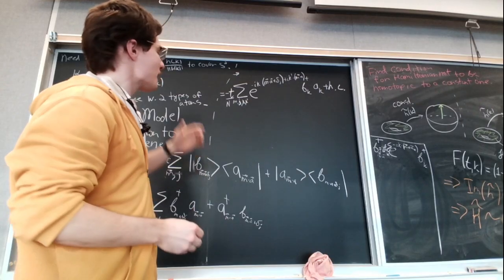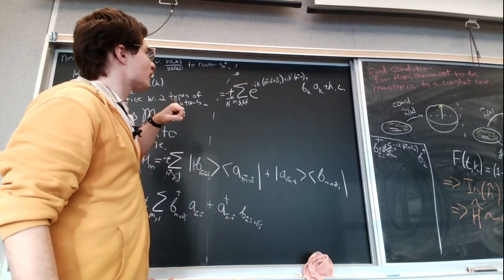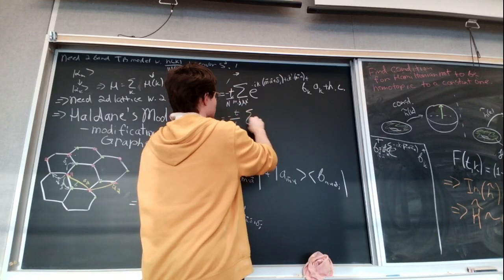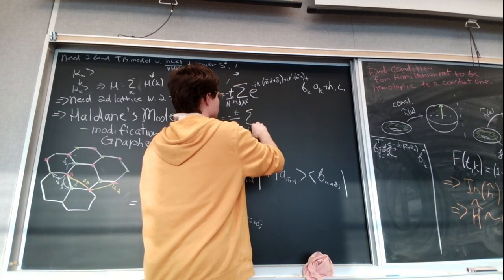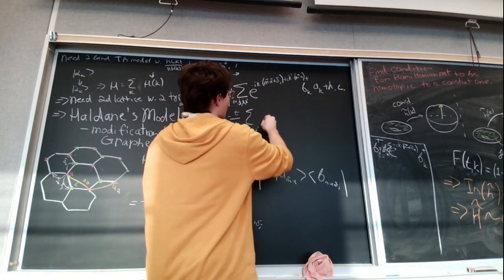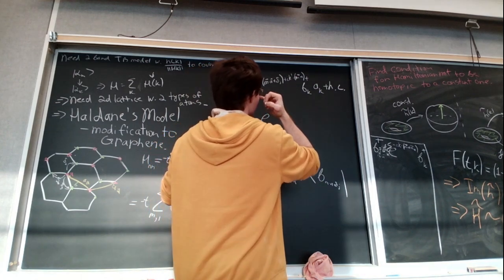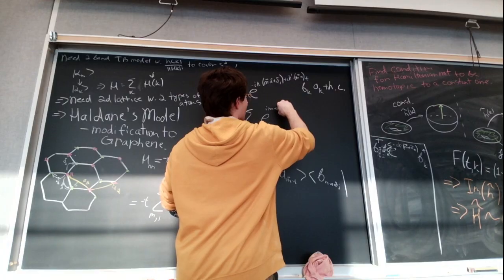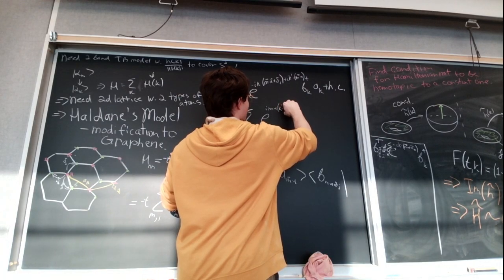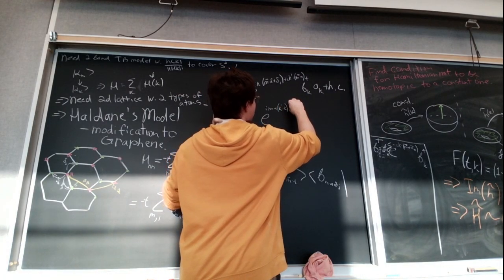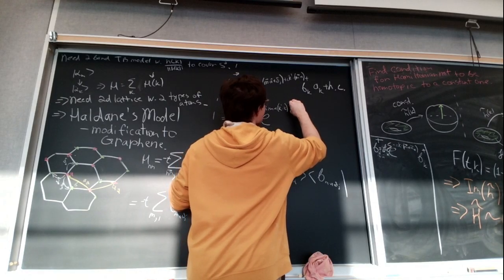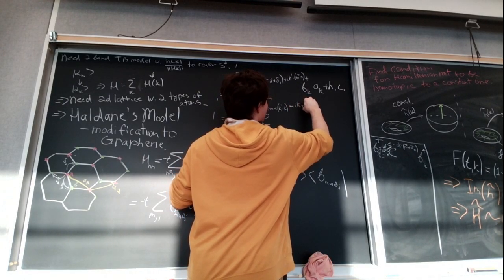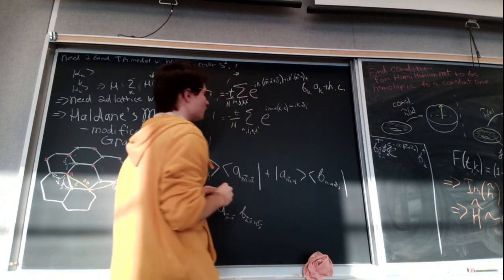Now I can rewrite this as e to the i m dot a (k prime minus k) minus i k dot delta j. Do you agree?